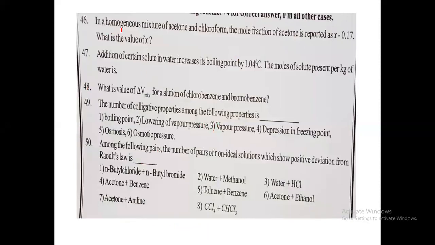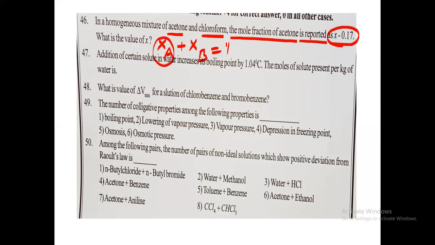Next one. In a homogeneous mixture of acetone and chloroform, some solute and solvent, the mole fraction of acetone is reported as X minus 0.17. What is the value of X? Generally we know that mole fraction of solvent plus mole fraction of solute is equal to 1. Then mole fraction of one component is equal to 1 minus Xb.